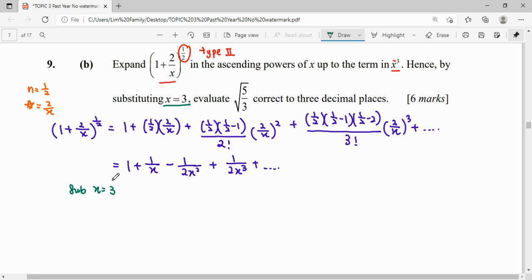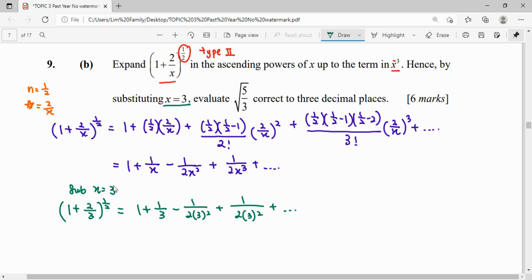Because when you substitute x equals to 3, we are going to see how you substitute in the left hand side. When I substitute at the left hand side, it will be like this. Then substitute at the right hand side. So this is our working. You must show clearly how you substitute into the left hand side and right hand side.